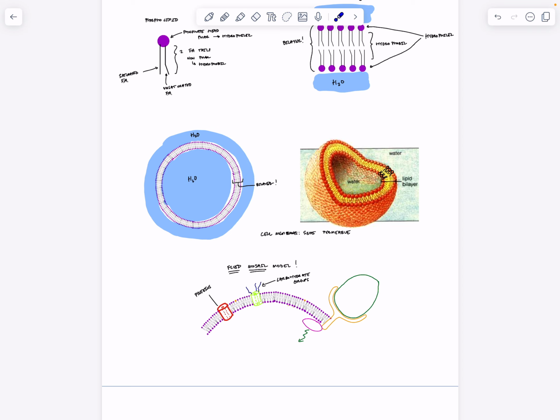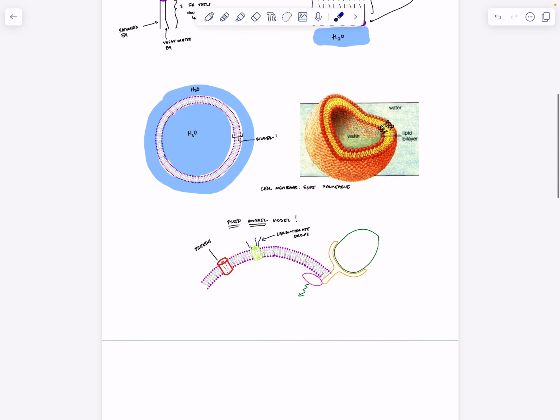We'll talk more about what can go in or out in our next screencast. And this fluid mosaic model, this idea that things are moving around in the cell membrane, they're not fixed in place, and there are lots of different components within the cell membrane, not just phospholipids. Okay, that's all.